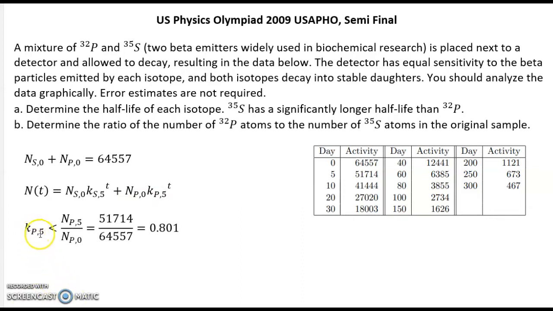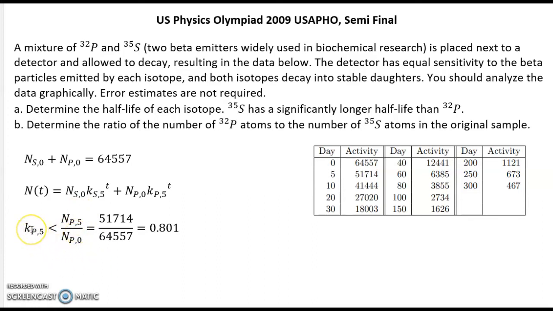Element P has this coefficient of reduction less than this ratio of full activity after 5 days to full activity on day 0, because the second element has a much smaller coefficient. And this is just the first estimation.